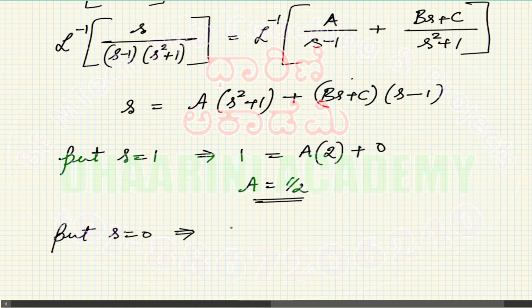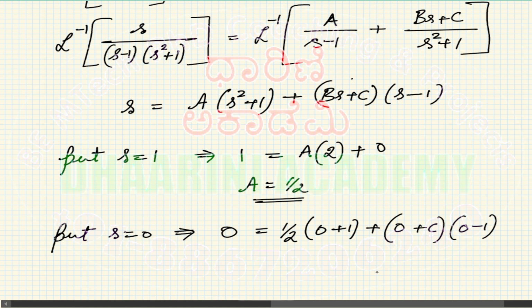This implies left hand side is 0 equal to, anyway, A is half, half into this is 0 plus 1, plus B into 0 is 0, plus C into this is 0 minus 1. So this is half minus C equal to 0, so C goes to the other side, C is also half, I guess. Just verify.